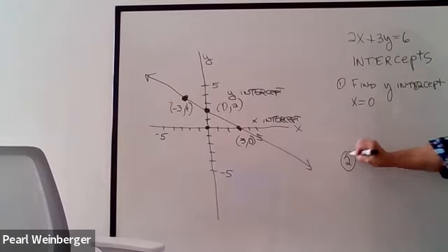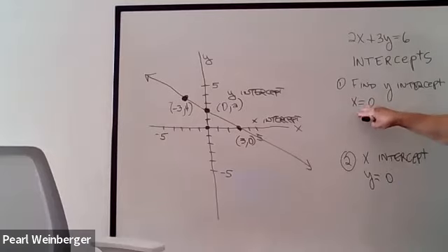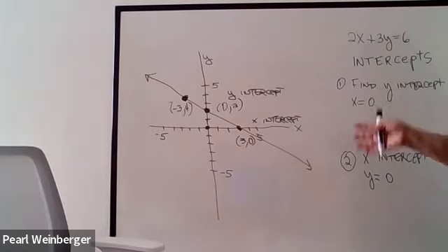And vice versa, to find the x-intercept, replace your y with 0. Because in order to be on the y-axis, your x has to be 0. To be on the x-axis, your y has to be 0.